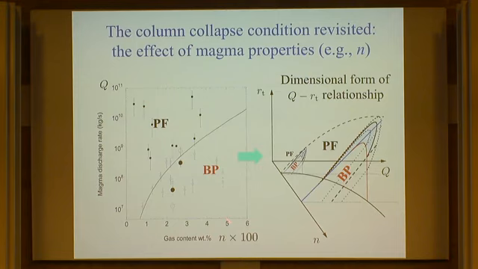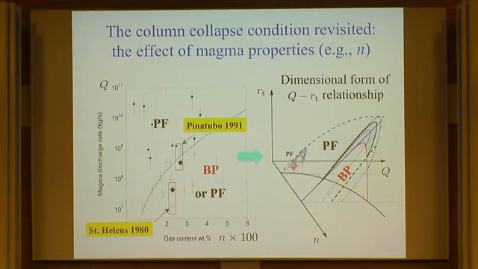But actually, because this is a new result, there was an exception like this, but this exception can be quite easily understood because if you consider the effect of the additional parameter RT, this diagram is a kind of projection of the 3D parameter space, and then this region is not a buoyant plume, but actually from this we can say that this region should be buoyant plume or pyroclastic flow. So we can explain this exception too.